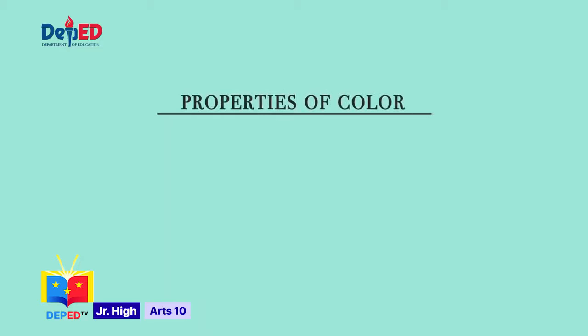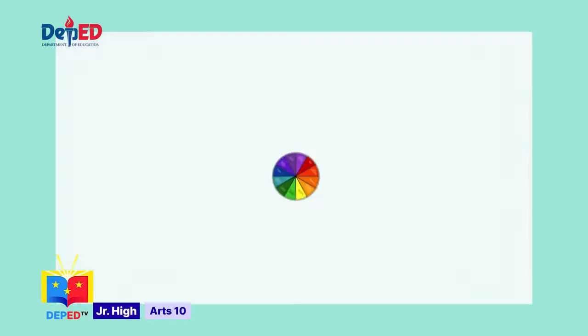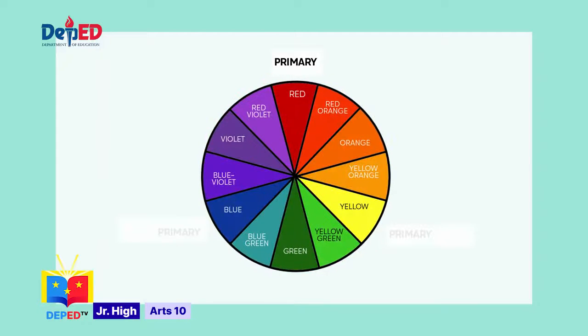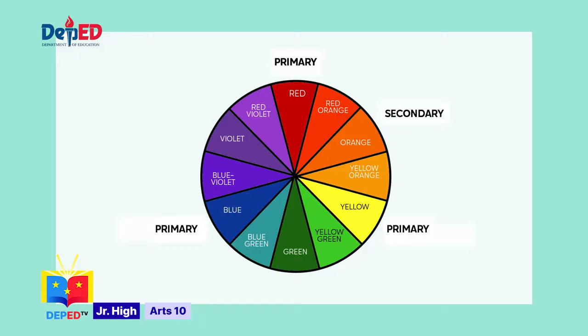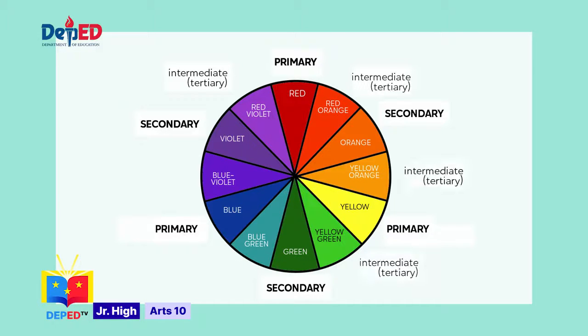Color has three properties. First one is hue, which includes primary hues like red, yellow, and blue. Secondary hues consist of orange, green, and violet, while the intermediate hues are located between the primary and the secondary hues, of which they are composed.